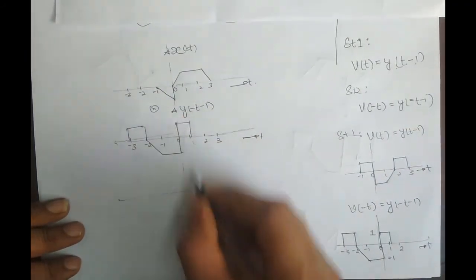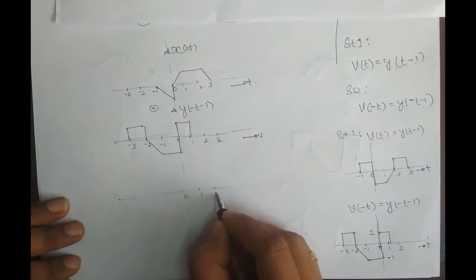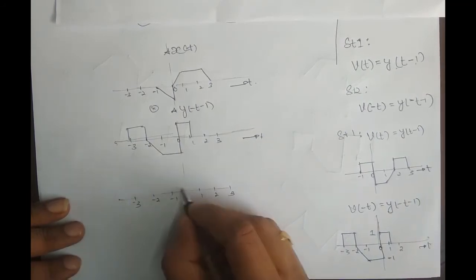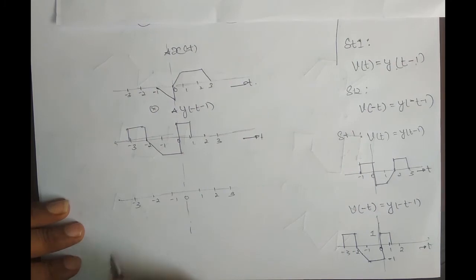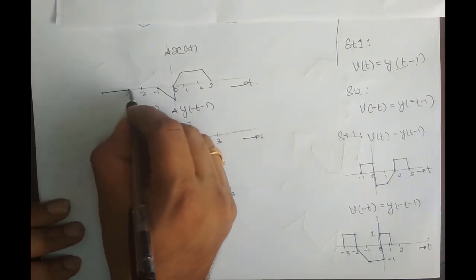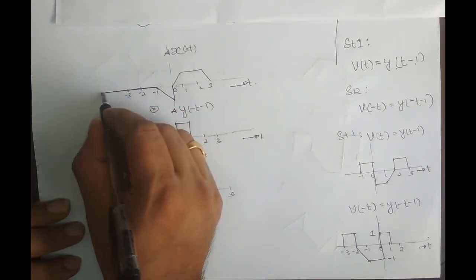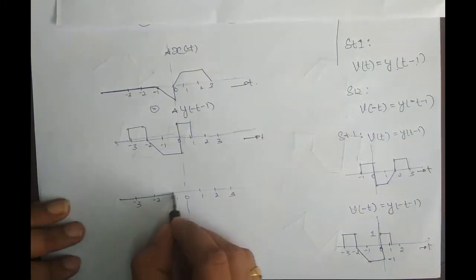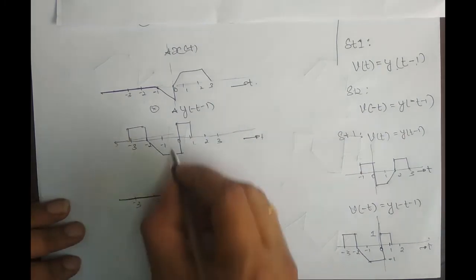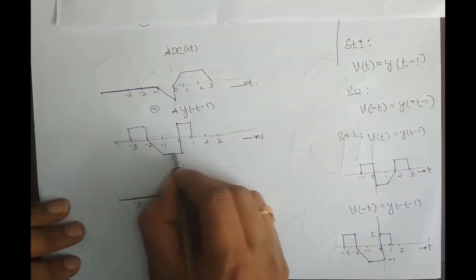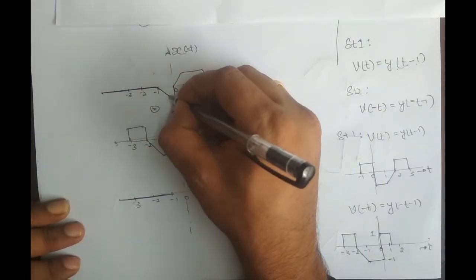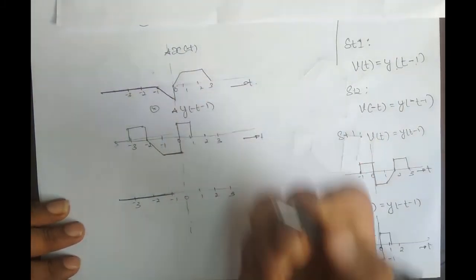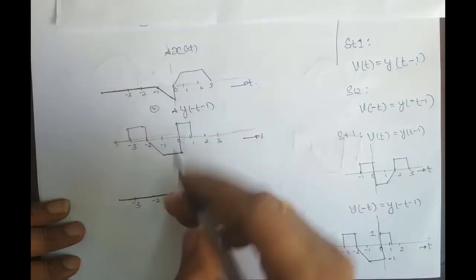Now I need to multiply these two, right? So what do I get if I multiply these two? For t varying from minus infinity to minus 1, the amplitude of the first signal is completely 0. 0 into any signal is 0. Now for t varying from minus 1 to 0, minus 1 times this slope. So this slope goes to the positive side, right?